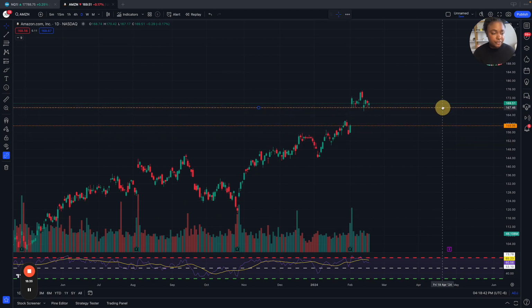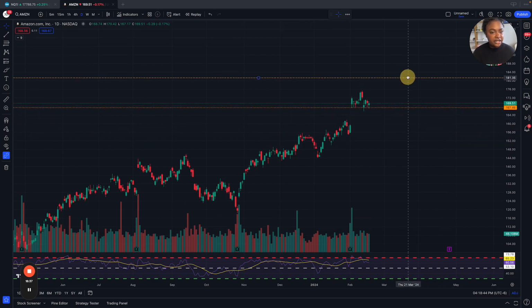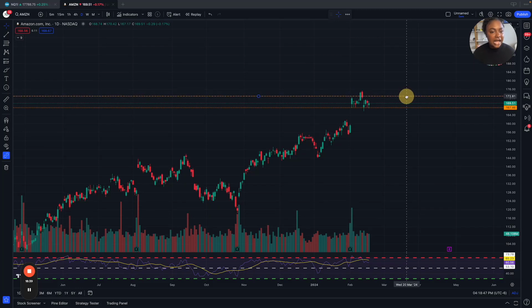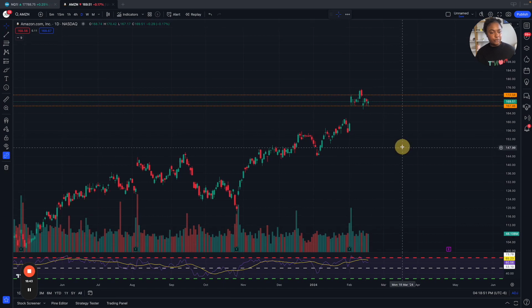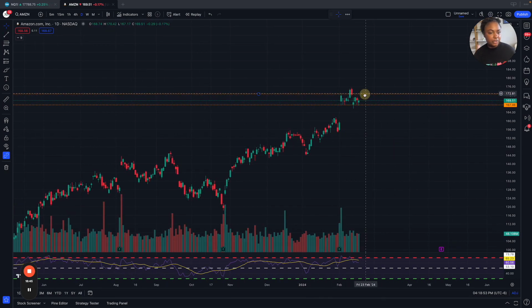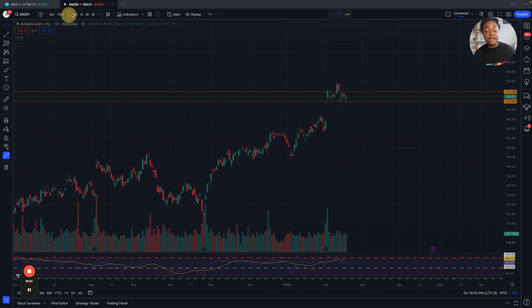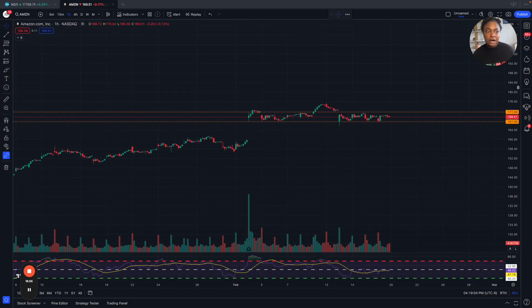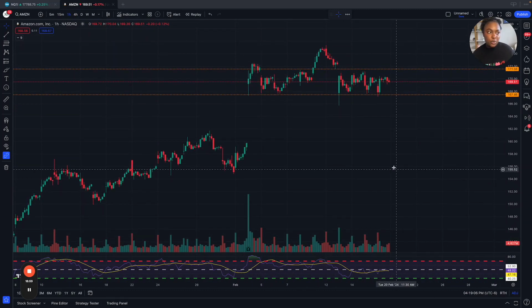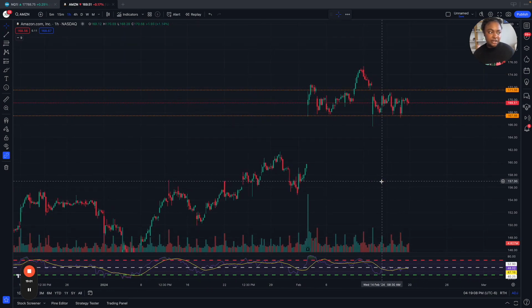We're out of this 167, and with the highs of about 172, we did have two days where it went above there, but we can say about 172. Tight range for Amazon. I believe it's the only one in the Magnificent Seven that has not created new all-time highs.